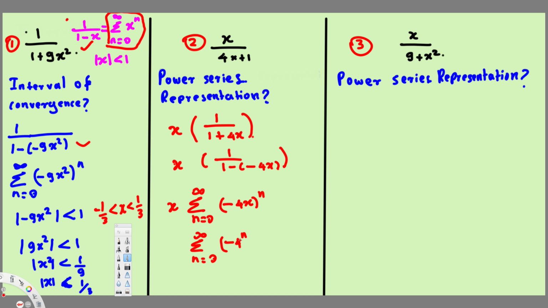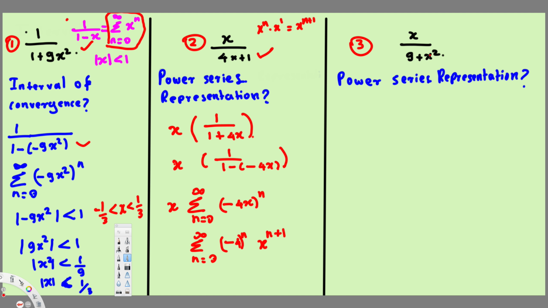I'm just bringing n separately. Now we can combine this x with this one. We have x to the power n here, and if I bring this x here, it's going to be plus 1, because if you multiply x to the power n times x to the power 1, you get x to the power n plus 1, and that's how we got this value. And this is going to be the power series representation of this one.